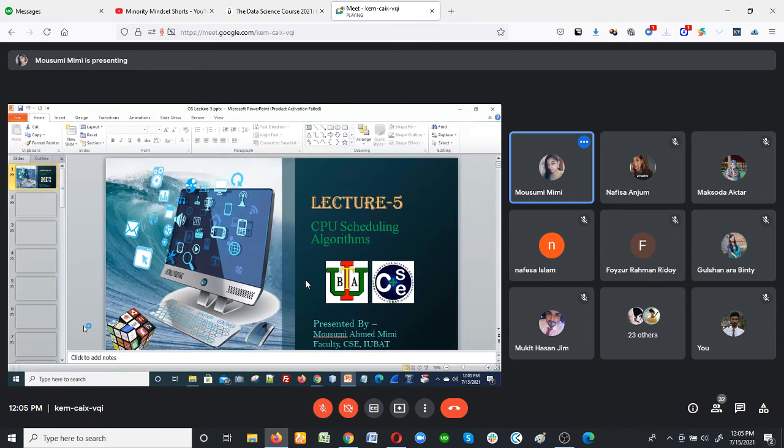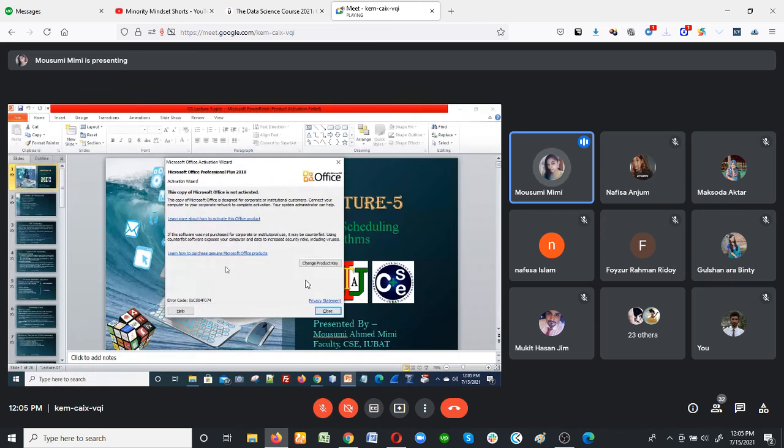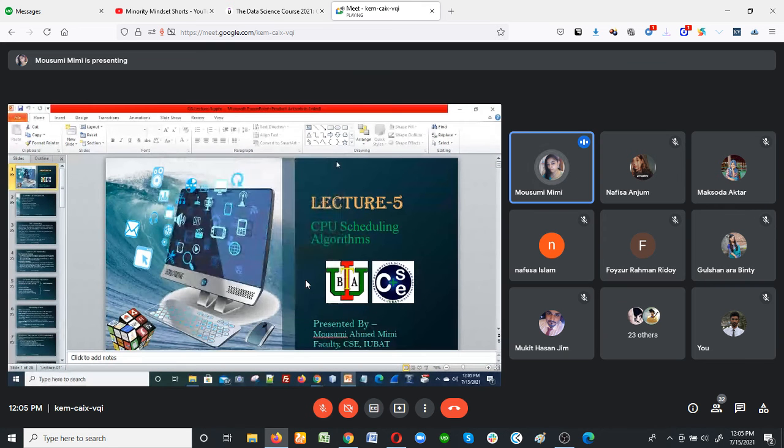So guys, from now on, from chapter 5 up to the last chapter of your operating system, you're going to learn all types of algorithms, which is very important for your operating system course.